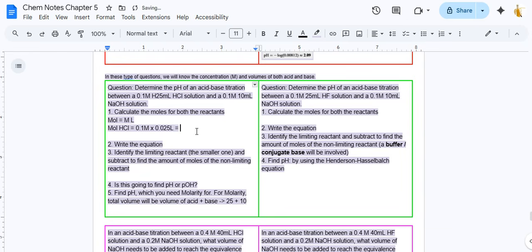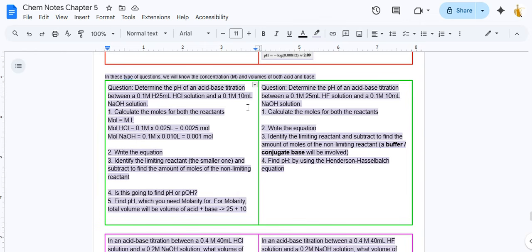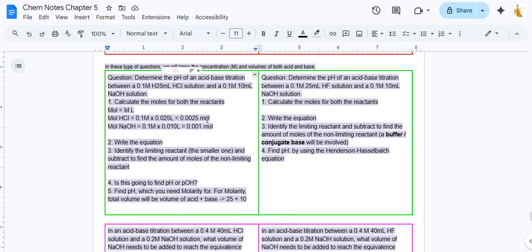Which is equal to that. And I did the same thing for moles for NaOH.